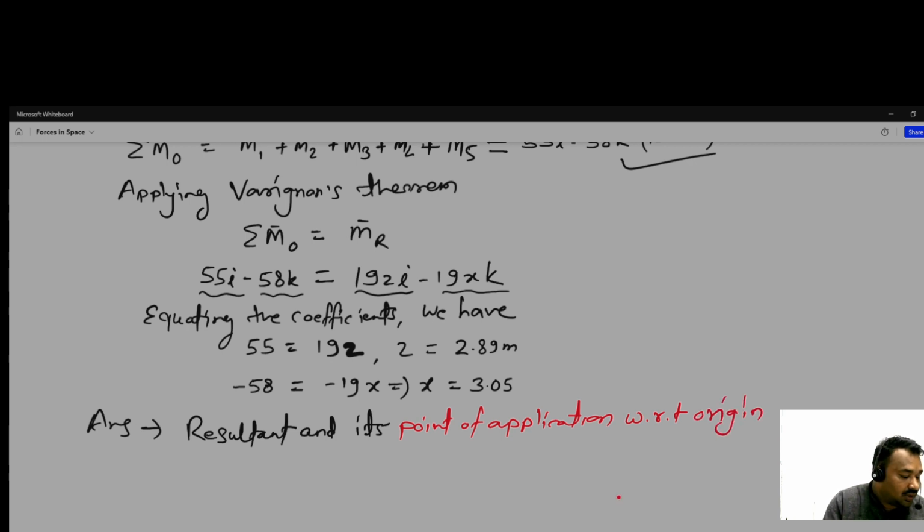So here R vector we have 19 J in kilonewton.